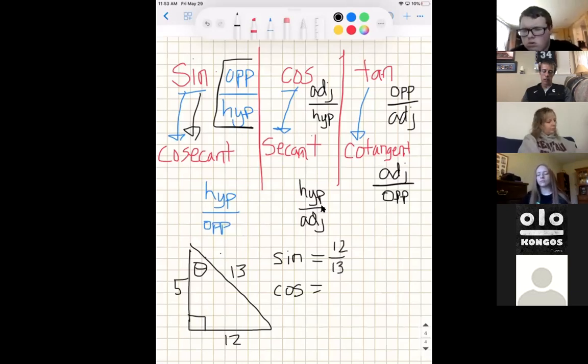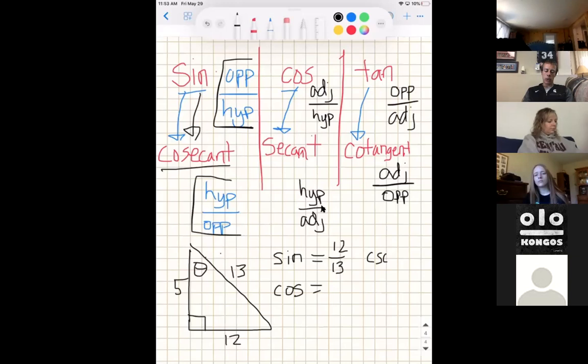If we wanted to do cosecant, and don't ask me why mathematicians abbreviate this, but cosecant, for whatever reason, is abbreviated CSC. All that is just hypotenuse over opposite. Well, it's just the reciprocal of that. So your cosecant ratio would just be 13/12.